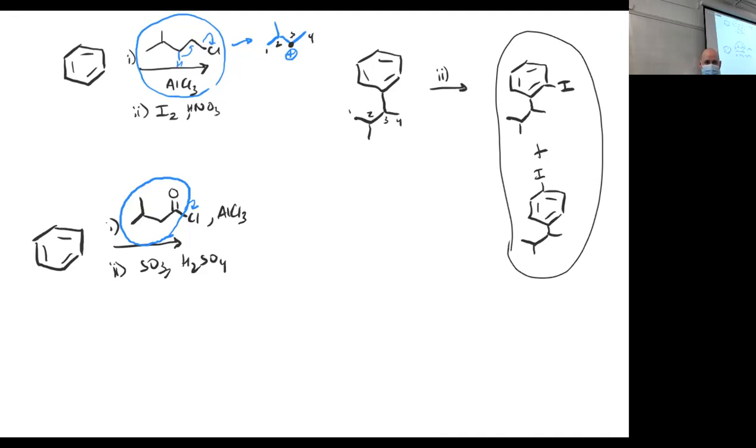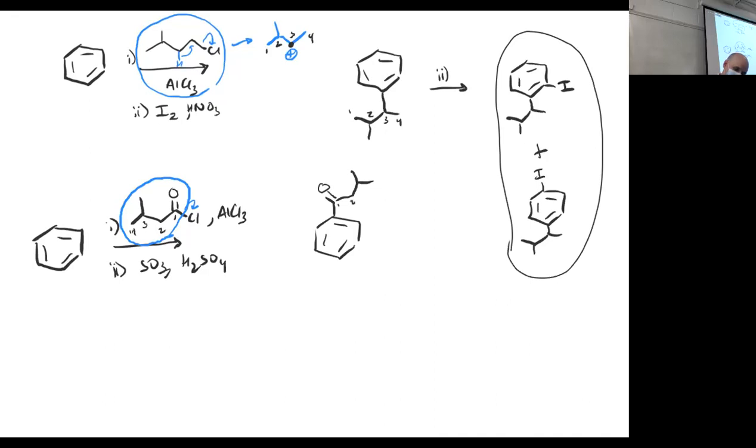So you're literally attaching it at the carbon with the chlorine, and you don't have to worry about rearranging. We can put this anywhere on the ring that we want to. Where do you want it to go? Put it on the top. Fantastic. I turned this one a little bit sideways, sorry, but we're attaching at the carbon that had the chlorine.